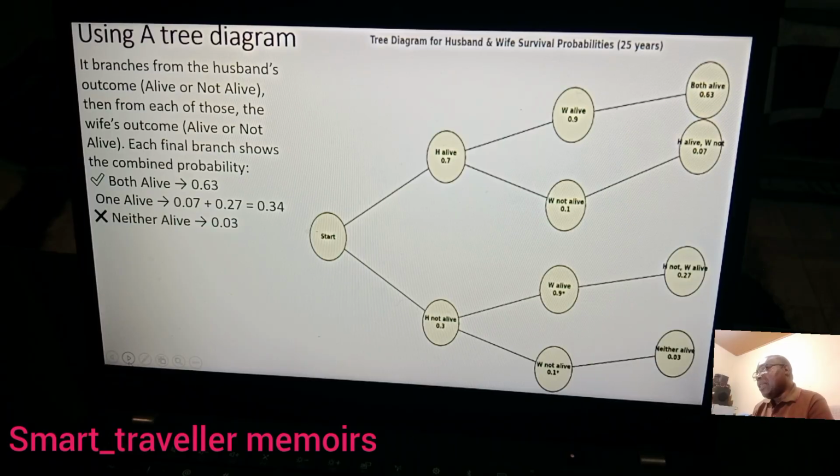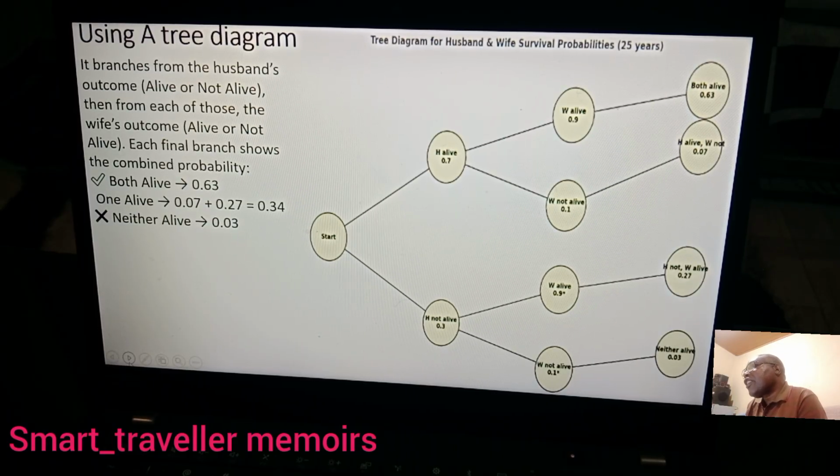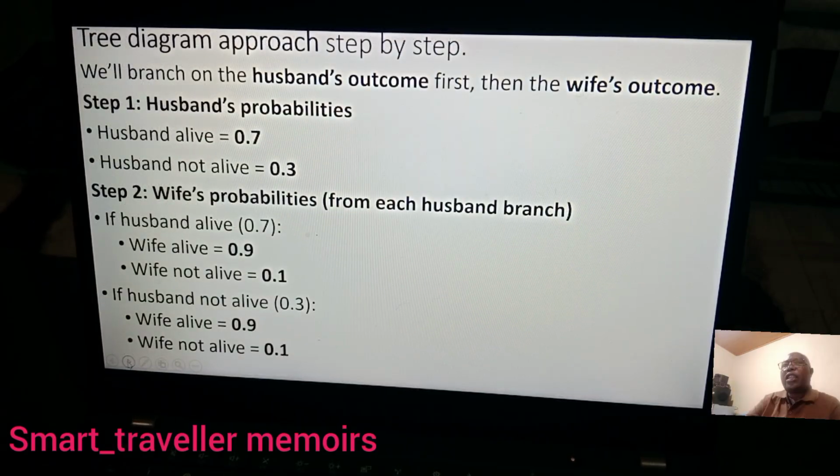And therefore, when you combine the probabilities from the top, you have both alive 0.63. That is, you multiply husband alive, wife not, 0.7 by 0.1. And then husband not alive, wife alive, 0.3 times 0.9 is 0.27. And finally, neither alive will be 0.3 times 0.1, which is 0.03.